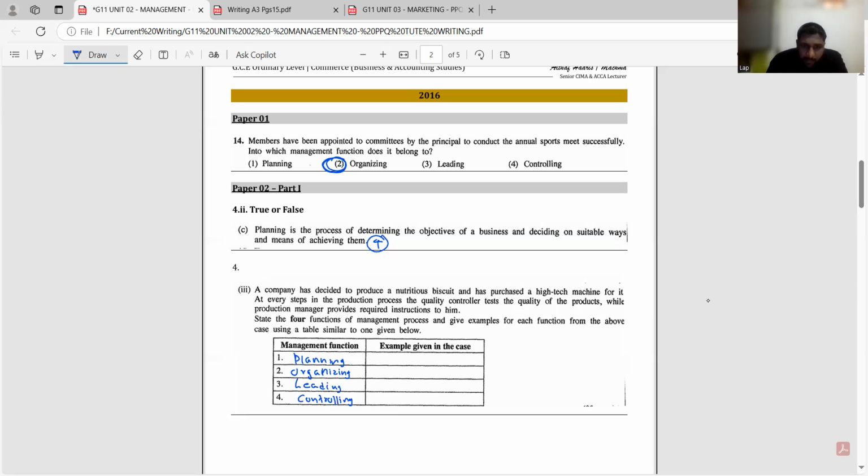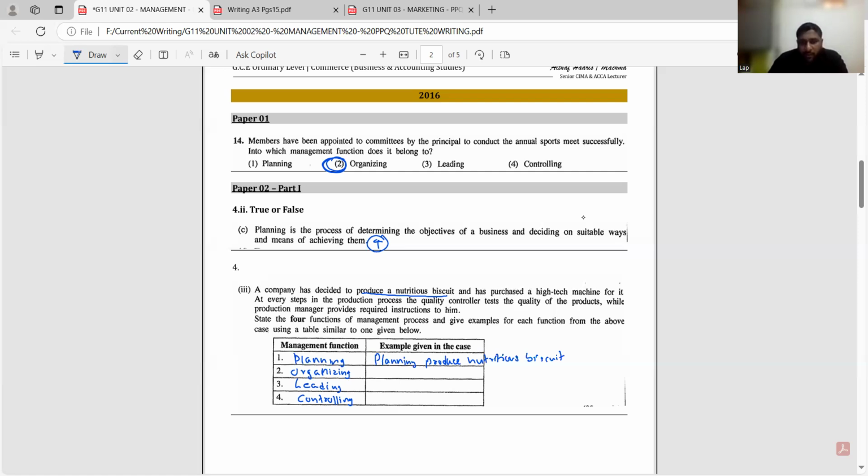So here, what are they planning to do? They are planning to produce nutritious biscuits. That is coming under the planning stage.